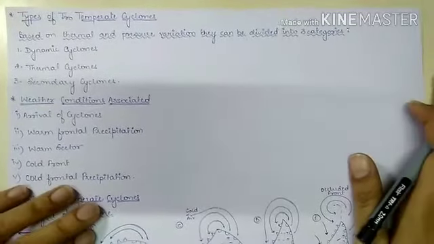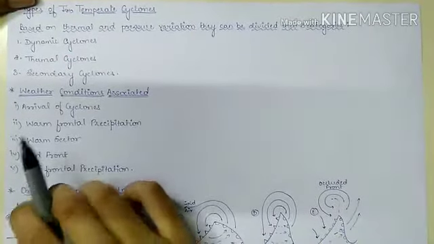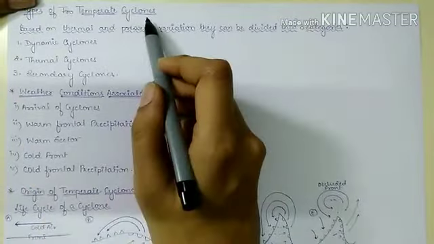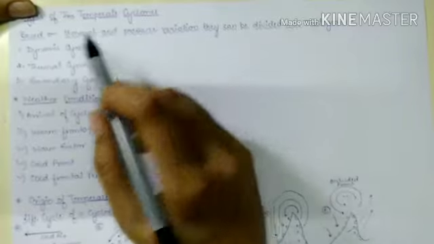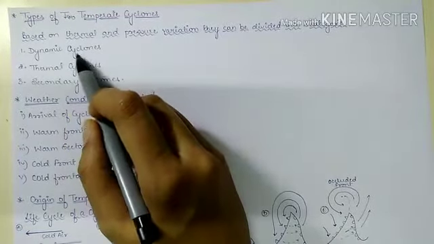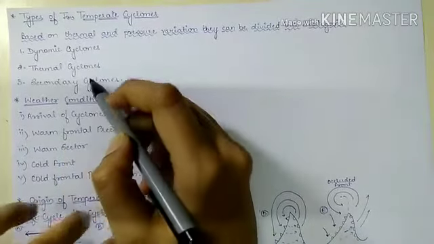Now we will look into the types of temperate cyclones. On the basis of thermal and pressure variation, the temperate cyclones are basically divided into three types. These three types are: first is dynamic cyclone, second is thermal cyclone, and the last one is secondary cyclone.